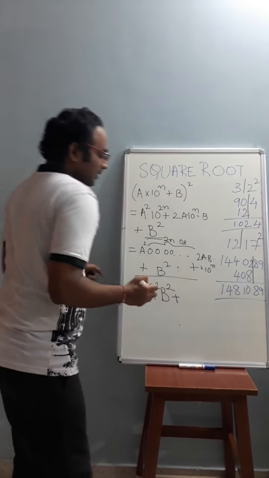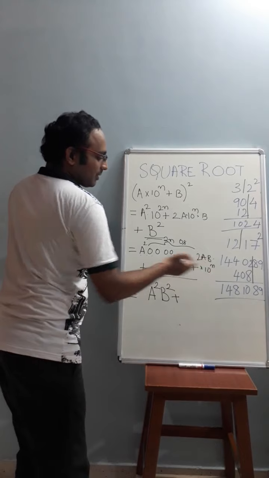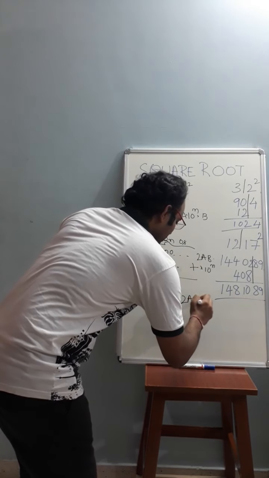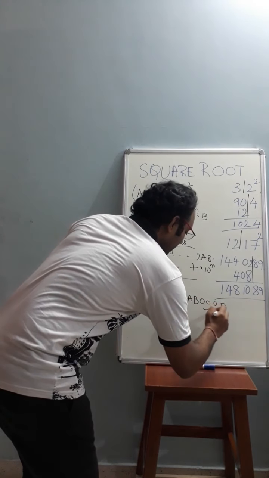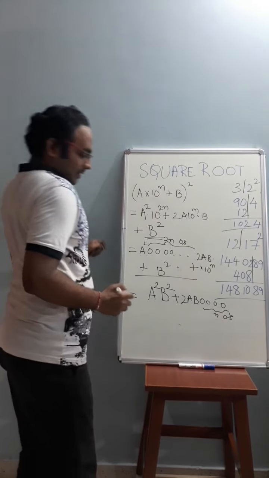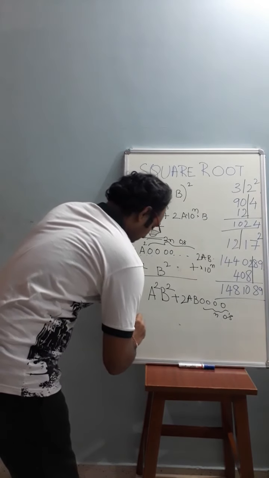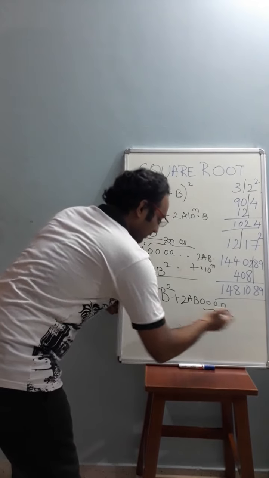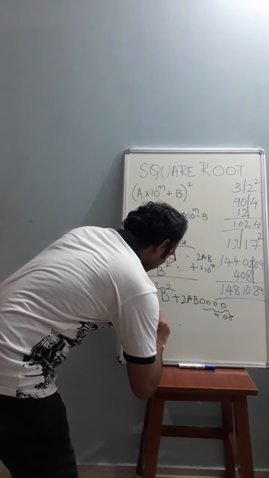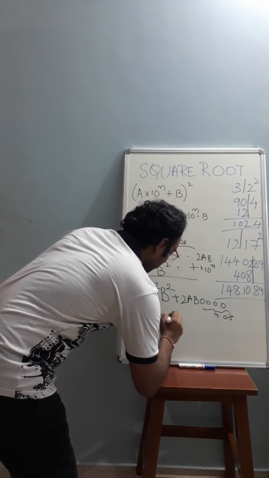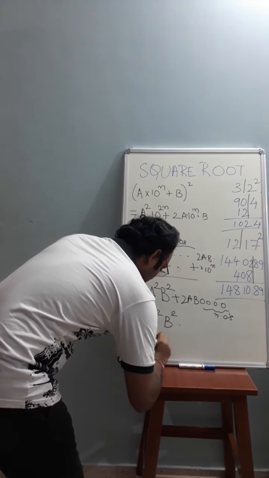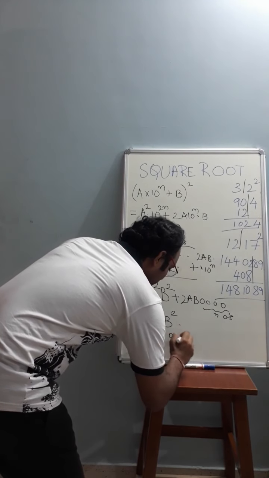Plus 2ab into 10 to the power of n, that is 2ab followed by n number of zeros. Now if I reformat, it would be a square followed by b square, plus 2ab followed by n number of zeros.